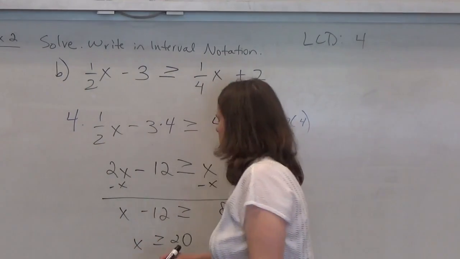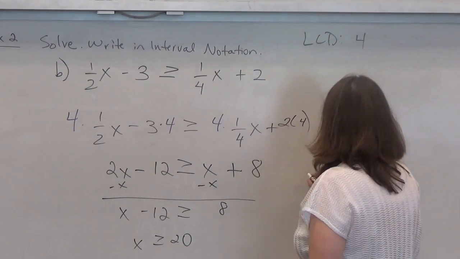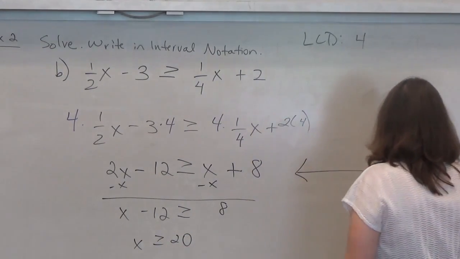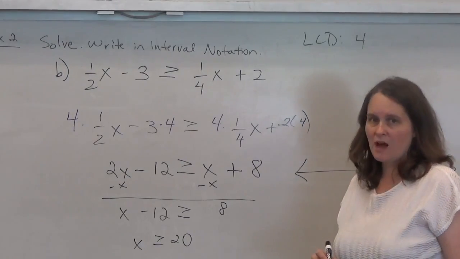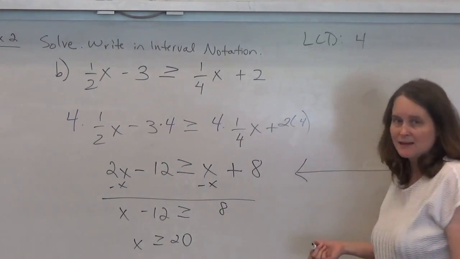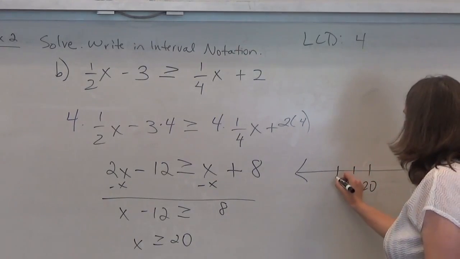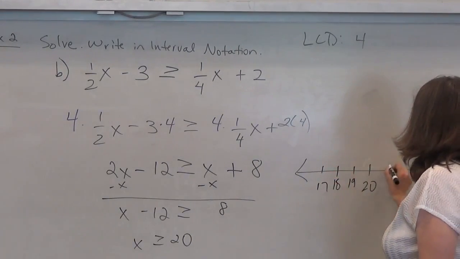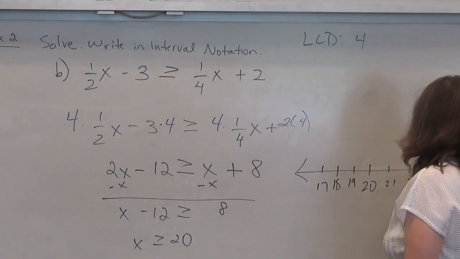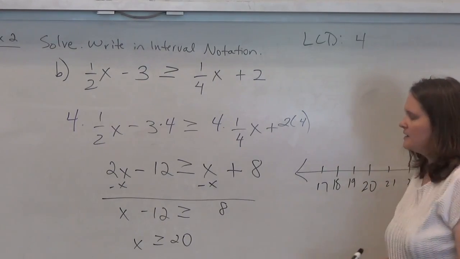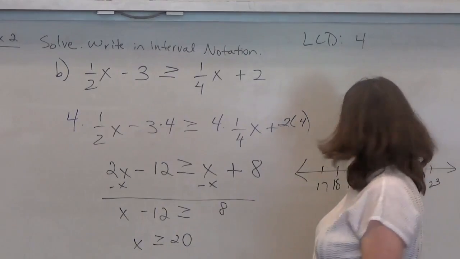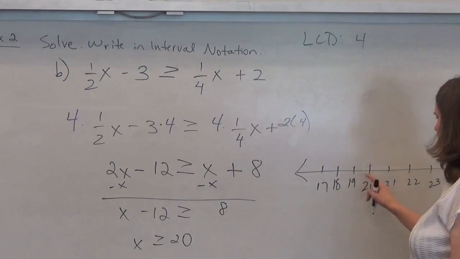Before I give my answer in interval notation, I would like to see how it looks on a graph. Again, I'm not going to put a lot of numbers on here. I'm going to put the number that I need and just a few on each side. Okay, I need to graph everything greater than or equal to 20 on my number line. So I'm going to locate 20.